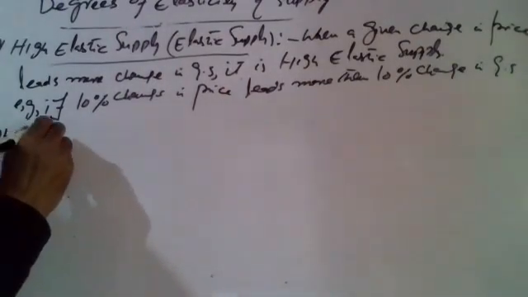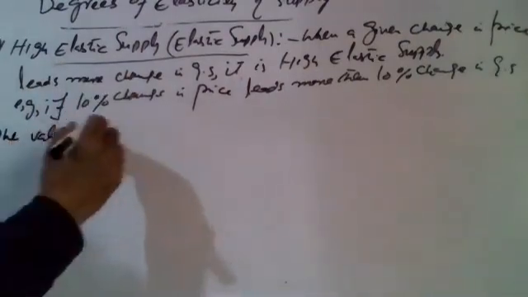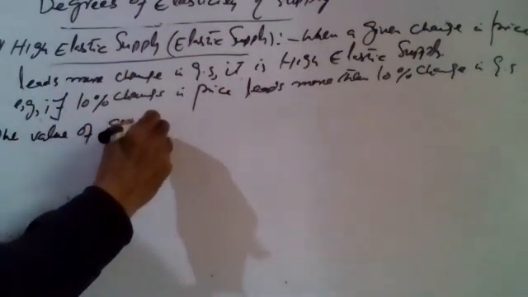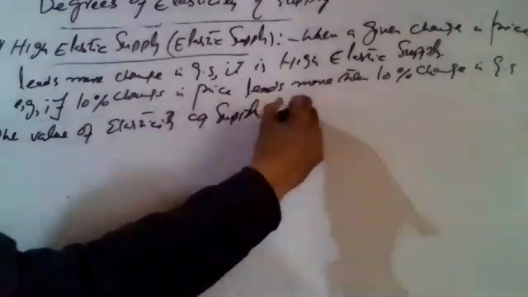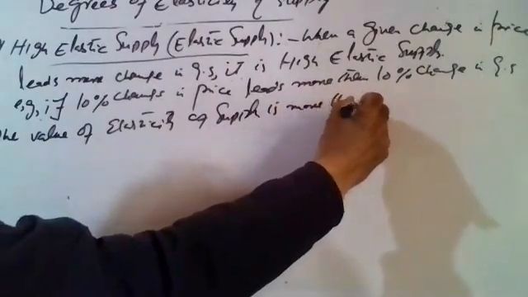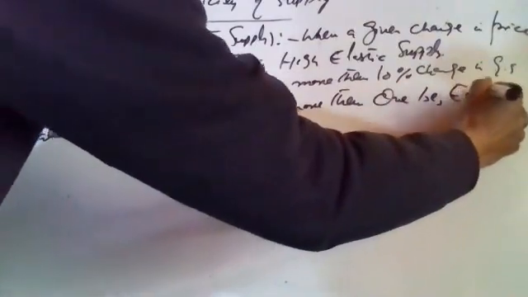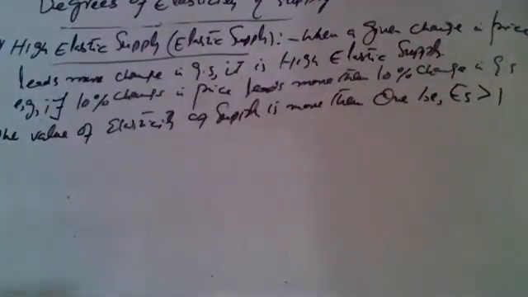So these are such goods in which producers show more response, a high response as compared to price. Here, the value of elasticity of supply is also more than 1. The value of elasticity of supply is more than 1.